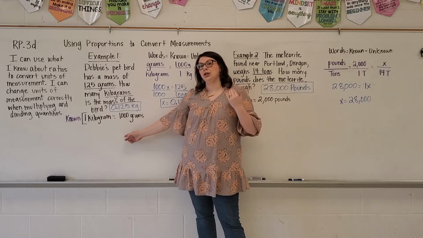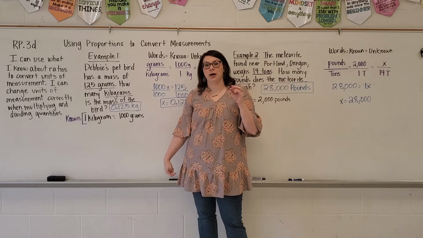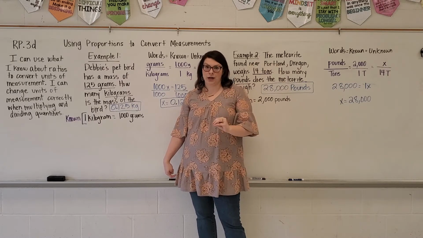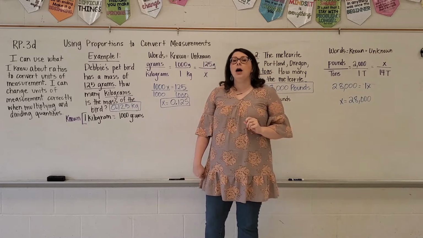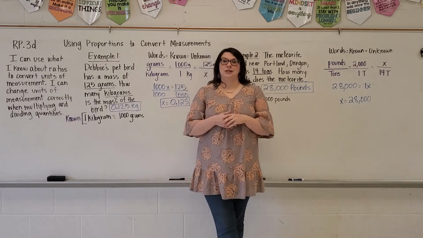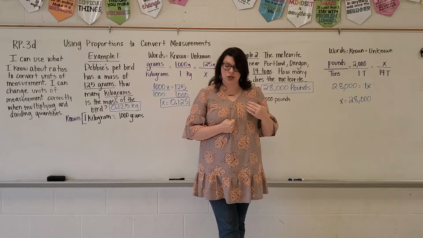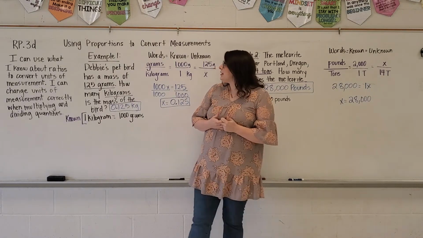And we know that a unit rate is when we say how much the first quantity is in one of the second quantity. That's what makes it a unit rate, because unit equals one. And we're going to utilize those unit rates to set up our proportions and solve for the conversion measurement that we need to find. So let's get started.